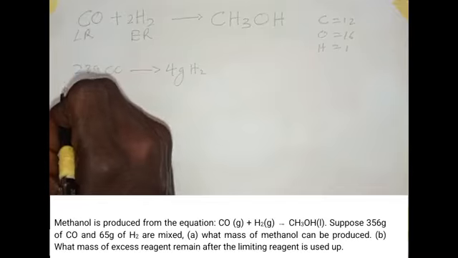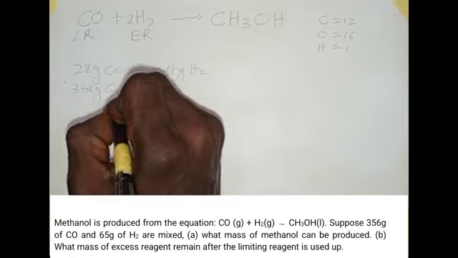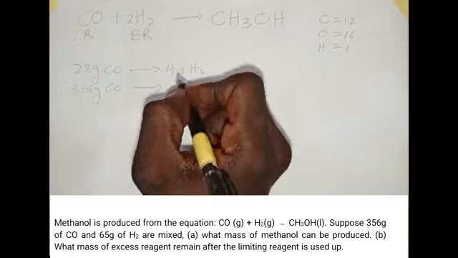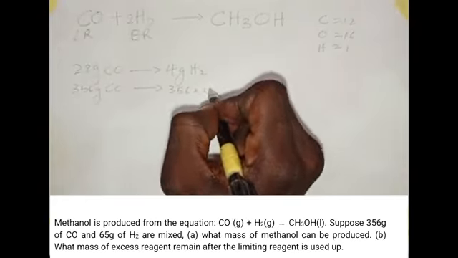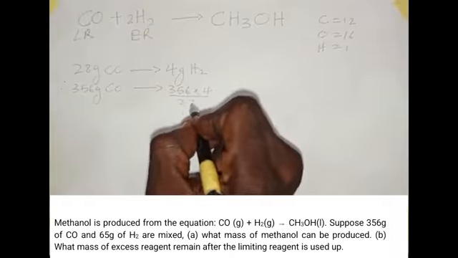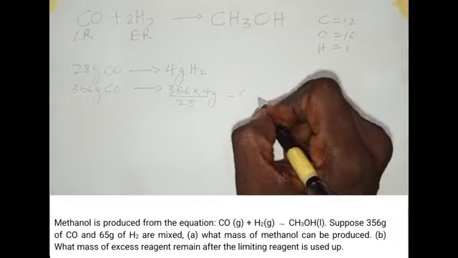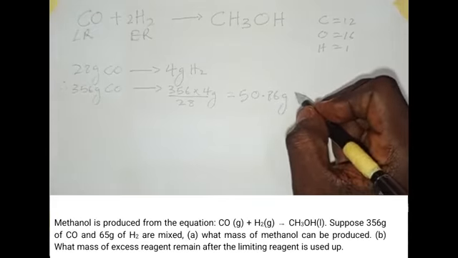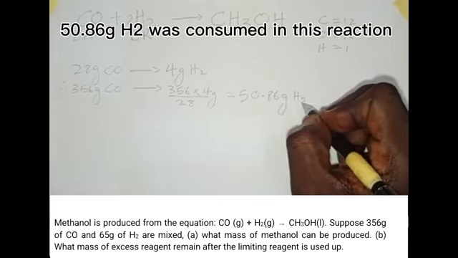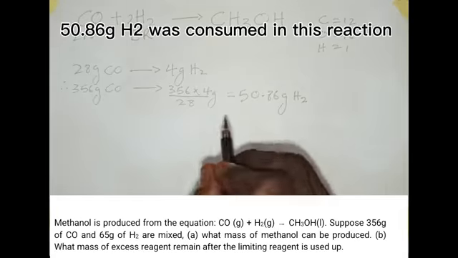So therefore, 356 grams of carbon monoxide is expected to react with what amount? Cross multiply 356 multiplied by 4 divided by 28, and this is going to give us 50.86 grams of hydrogen gas. This is the amount of excess reagent which participated in the reaction.